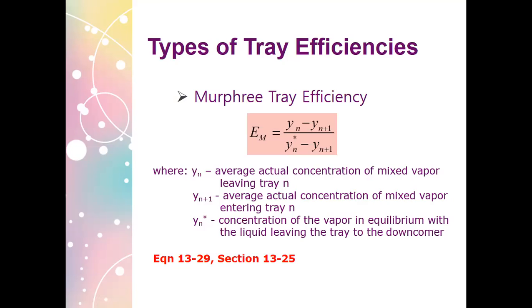And Y sub N asterisk is the concentration of the vapor in equilibrium with the liquid leaving the tray to the downcomer. That's your Y sub N asterisk.